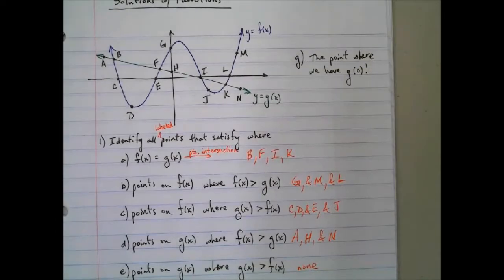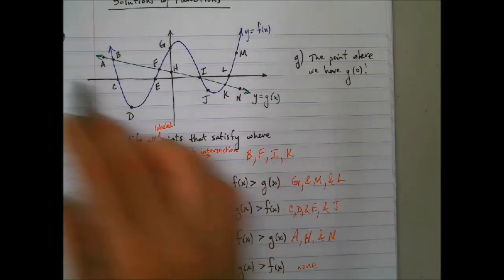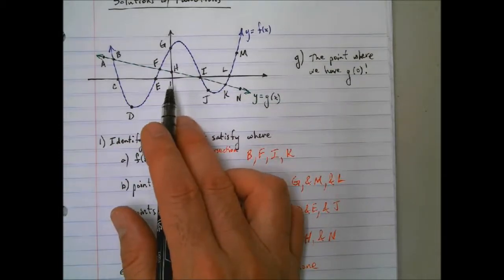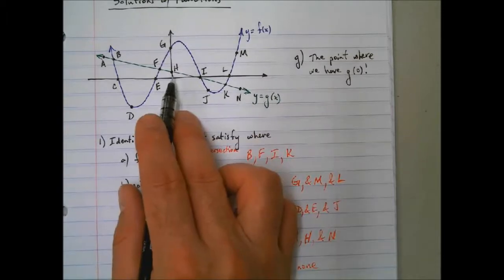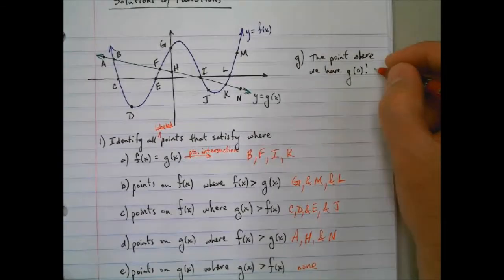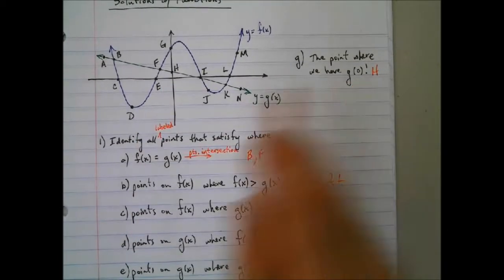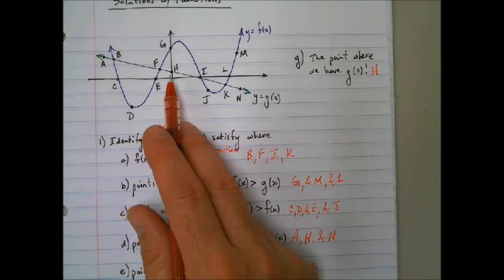Well, that means we're inputting a 0 for the x. Where is x equal to 0? Isn't that always on the y-axis? So we're doing g of 0. So the function g, where is g of 0? Isn't that at h? Yeah, because if we're inputting 0 into a function, we're looking for the y-intercept. So the y-intercept of g would be at h.